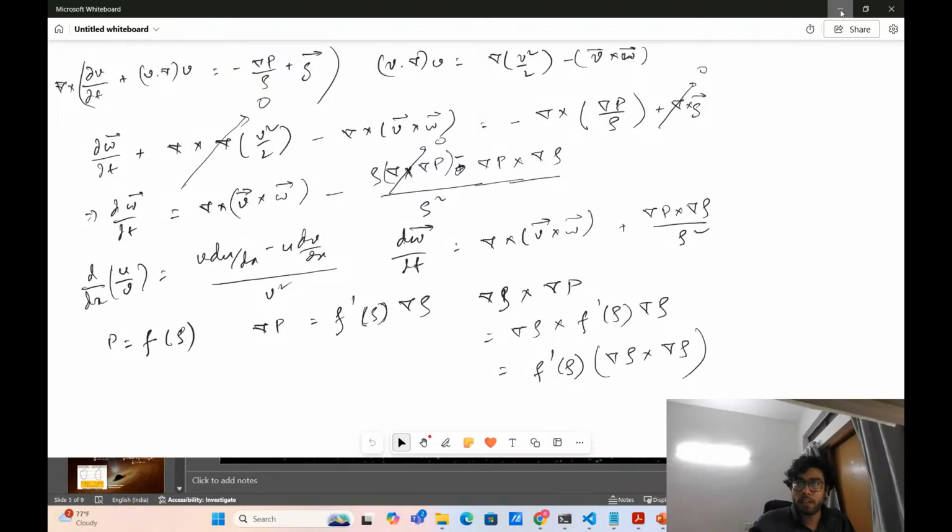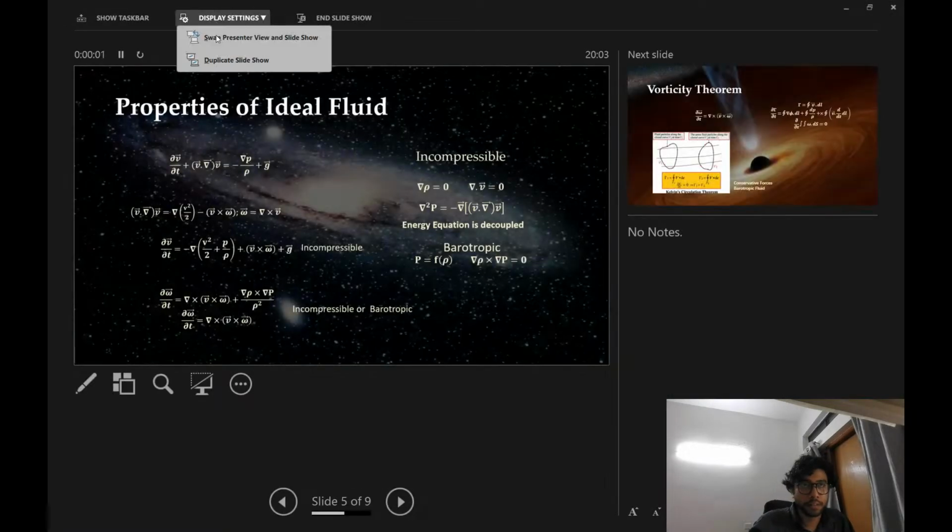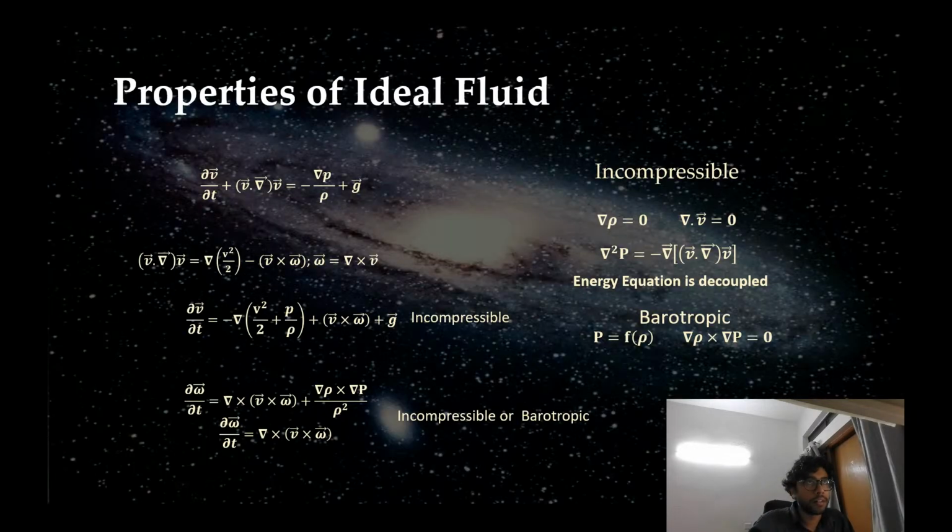Right? Okay. So that was trivial, but should be pointed out. So if pressure is a function of rho only, then this term will be zero. So that's why for the barotropic condition, this term cancels and you are reduced to this equation.